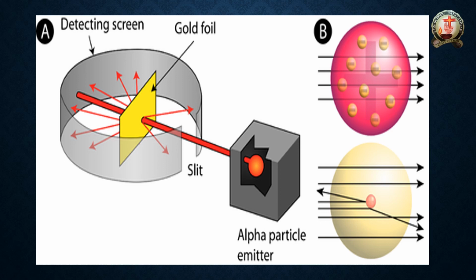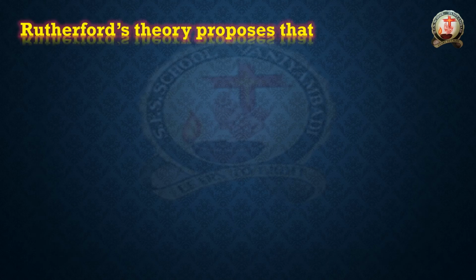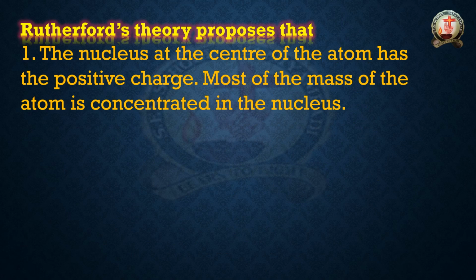Rutherford concluded the gold foil experiment. Rutherford's theory proposed that the nucleus is at the center of an atom, with positive charge, and most of the atom's mass is concentrated in the nucleus. I will introduce that while saying the atomic number representation.